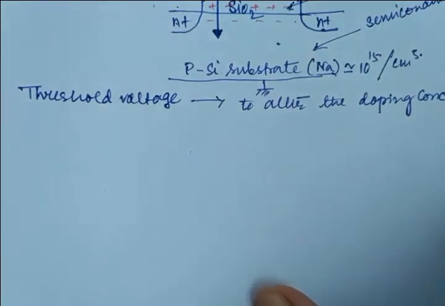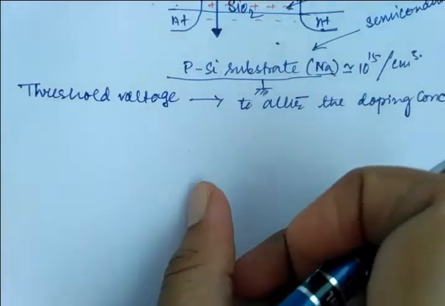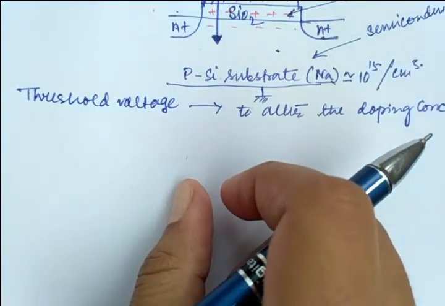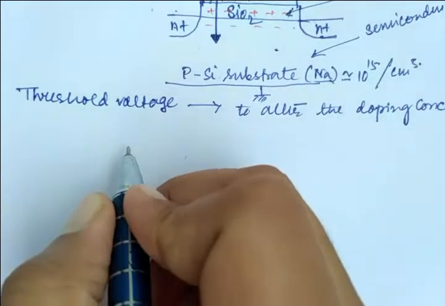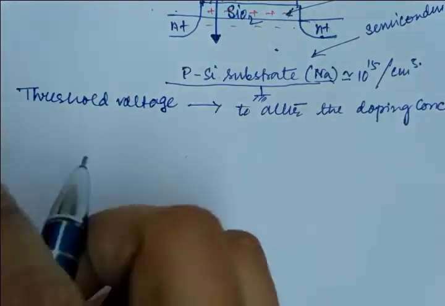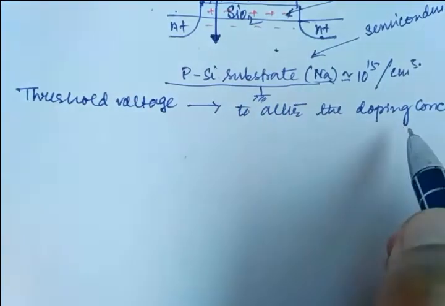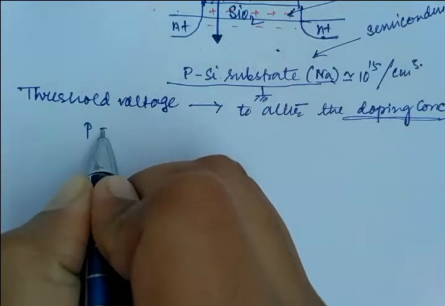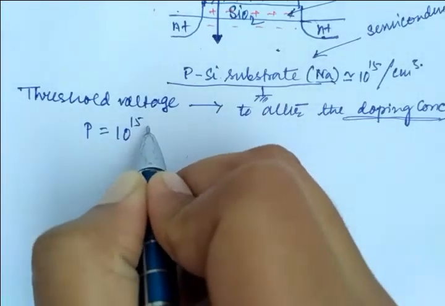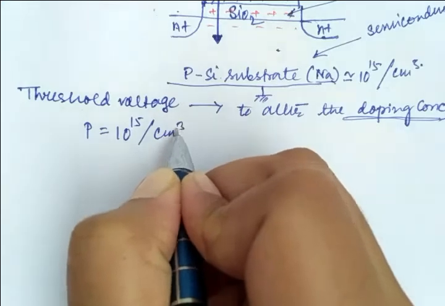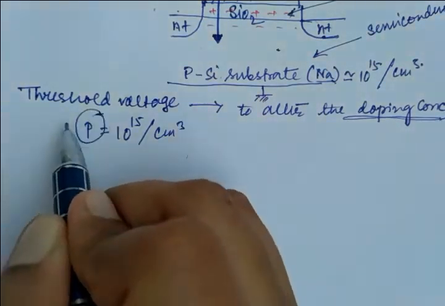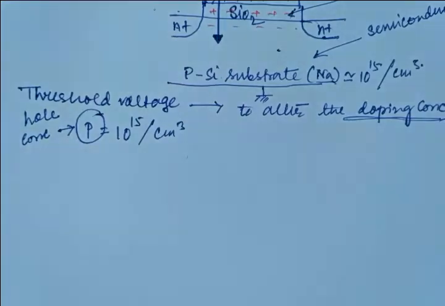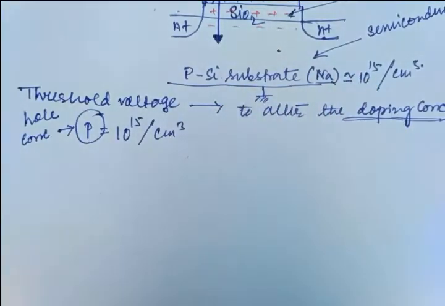I think you should have the idea because you have already studied semiconductor devices, solid state devices. So the general rule, since we are concentrating on the doping concentration, is that P is, in general, 10 to the power 15 per centimeter cube. And what is this P? This P is nothing but the hole concentration.